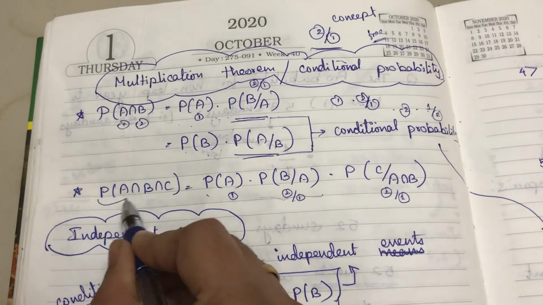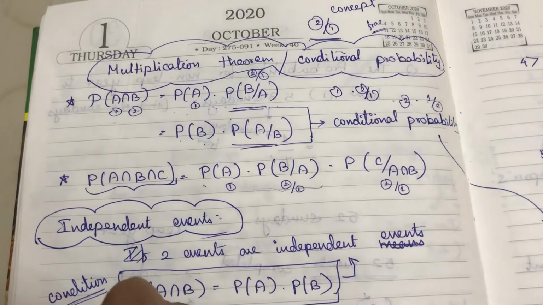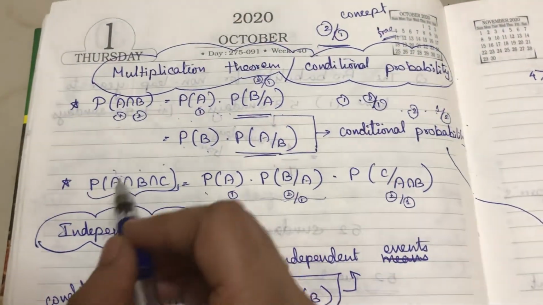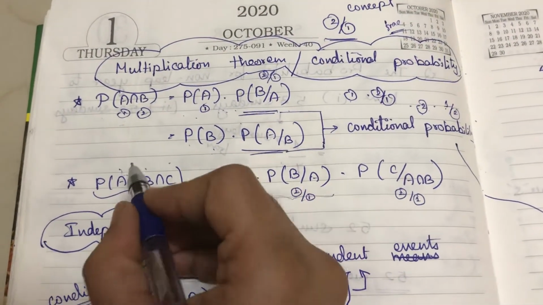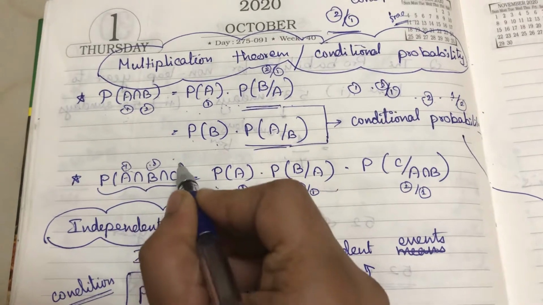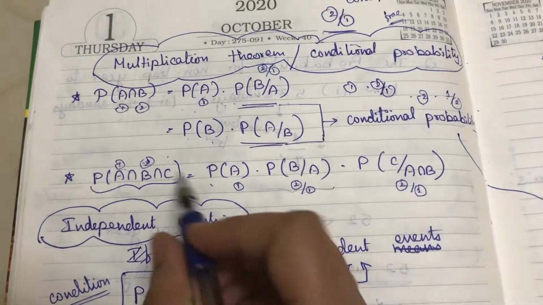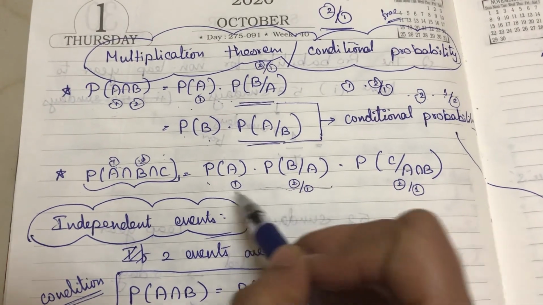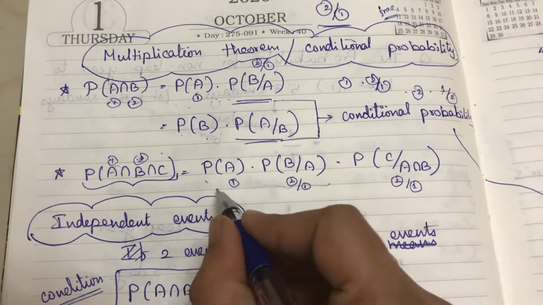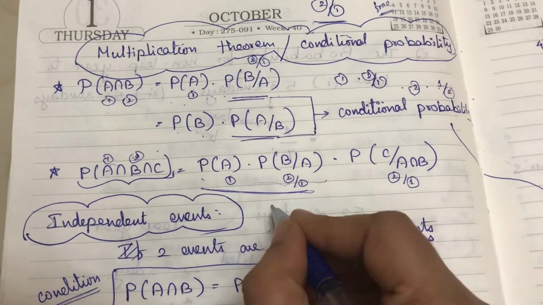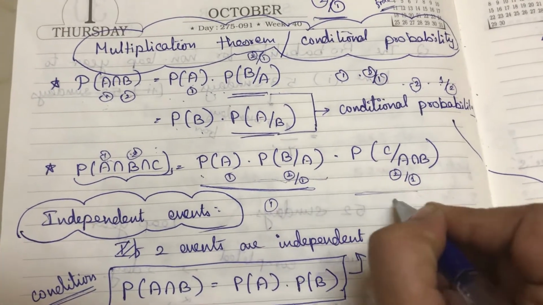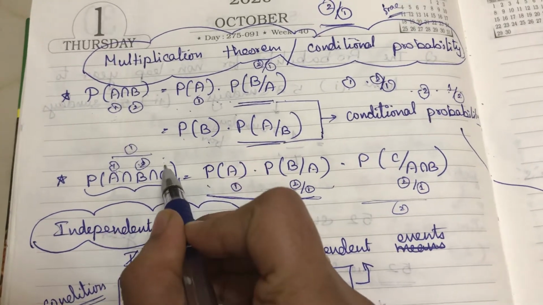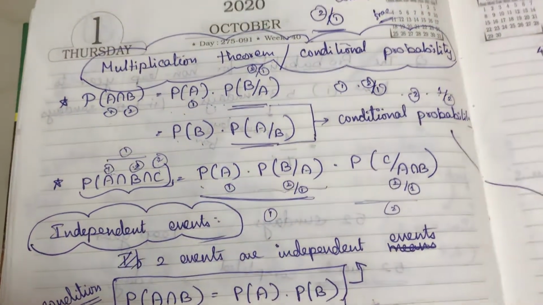If they have asked for 3 variables, what can we do? This is 1, 2, 3, right? I am just taking A and B as 1 and 2. I didn't put anything for C. So for 1 and 2, I will know the answer: 1 into 2 by 1, right? Now I am taking this part as 1 and C as 2.